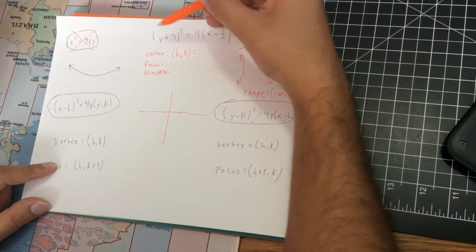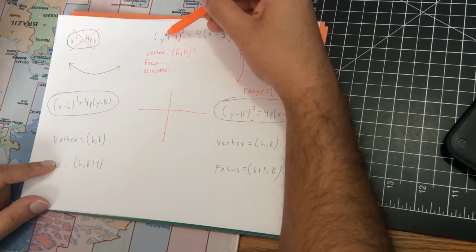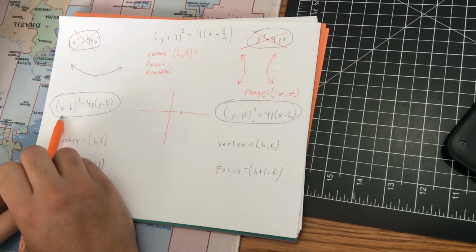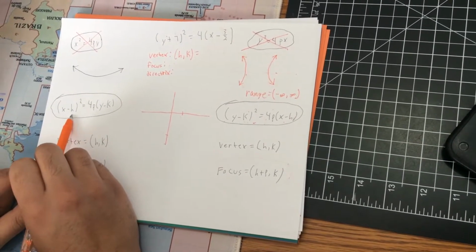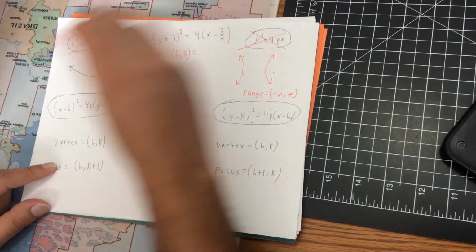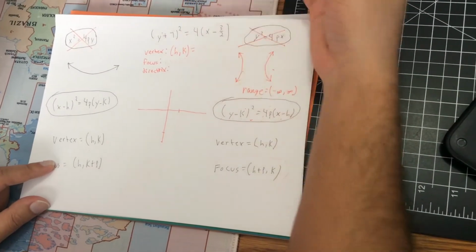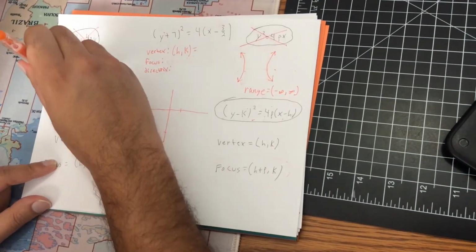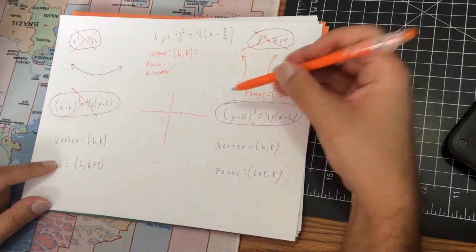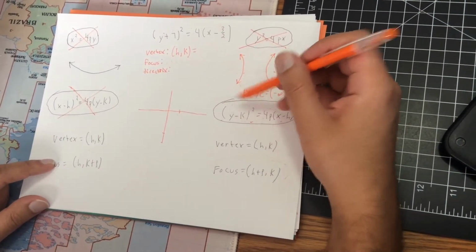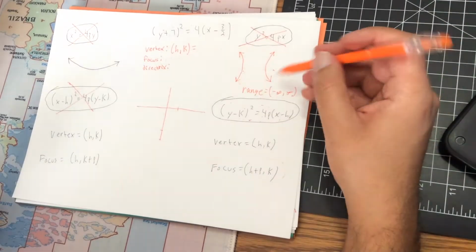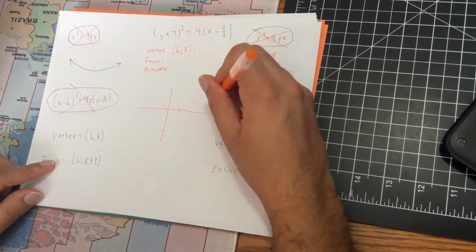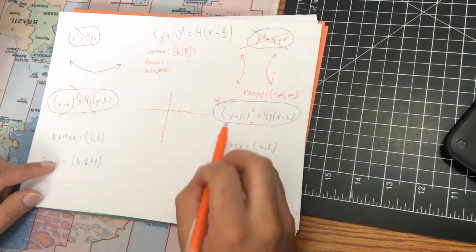Now, we see that the left side here starts with a y. This one on the left side has x. We have x minus something squared, which is not y minus something squared. So I cross this one out, and I say it looks closest to this original parabola equation. So we use this equation.